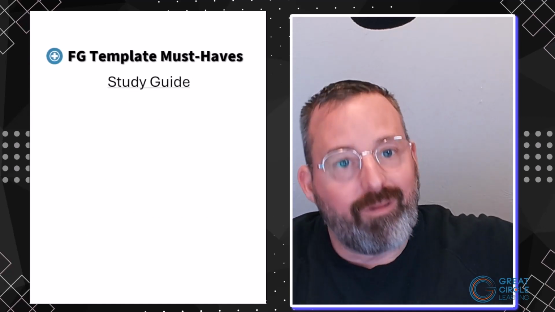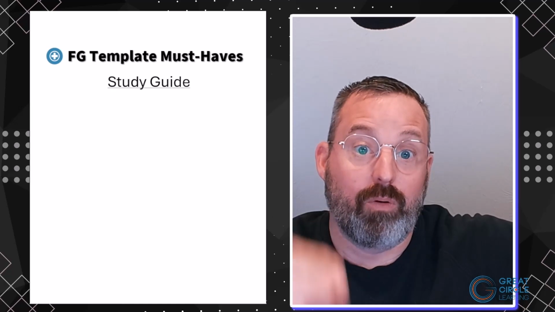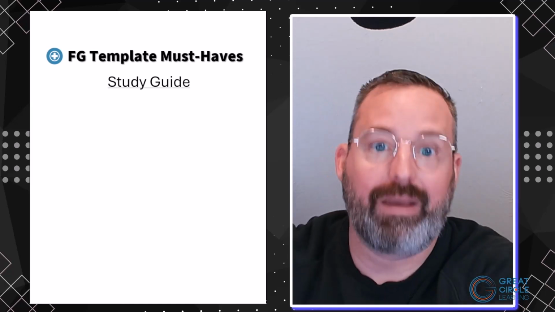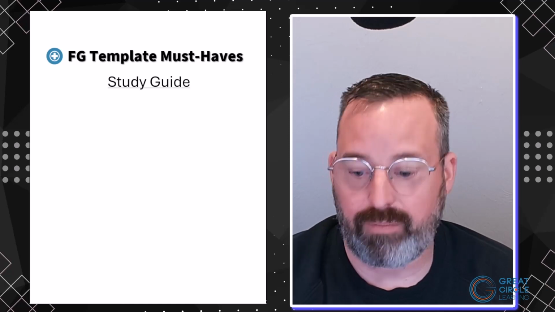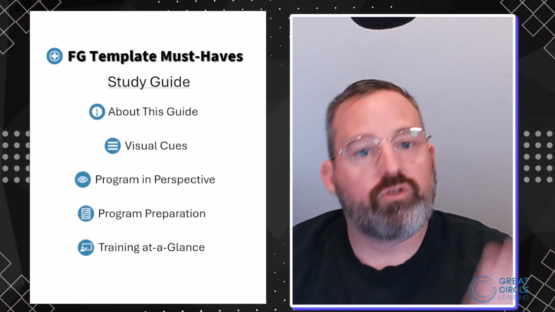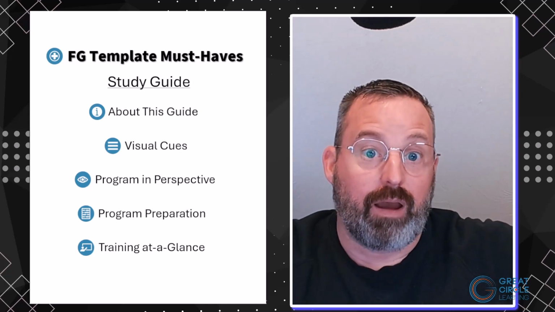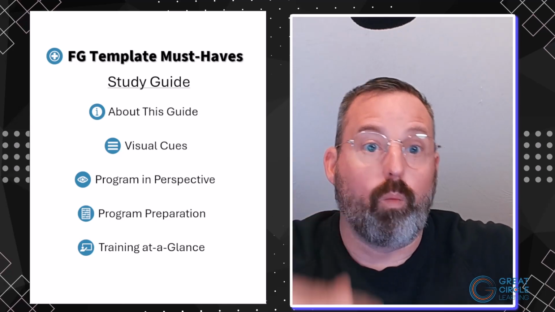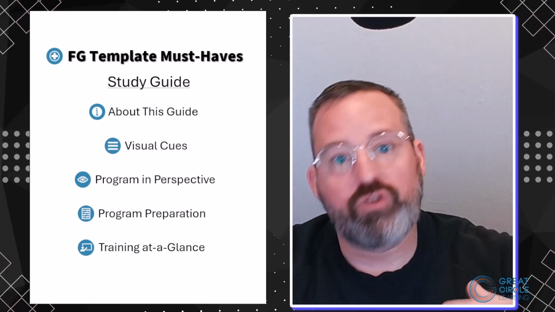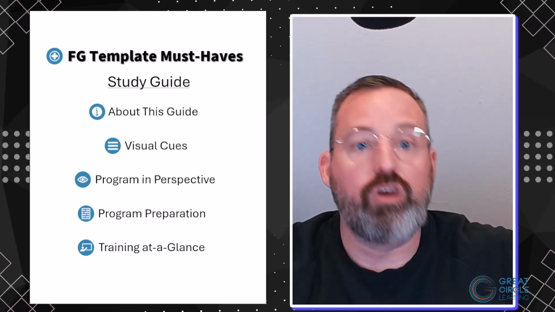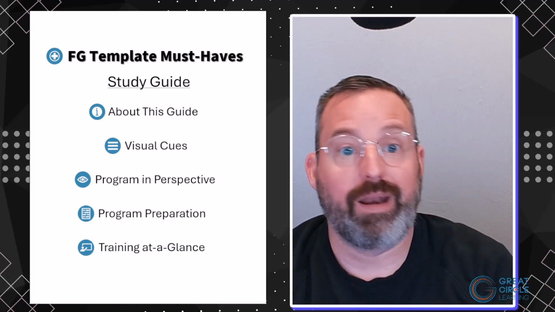When we start looking at this, let's look at some of these templates within the study guide role. And then we're actually going to look at them in a document so we can see it, not just the concept. So in terms of the templates within a facilitator guide for a study guide: about this guide, what are the visual or graphical cues that we're using to help our facilitators in terms of training?